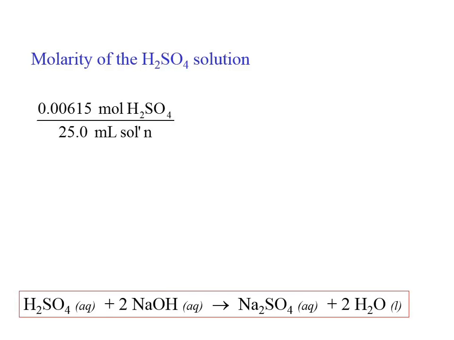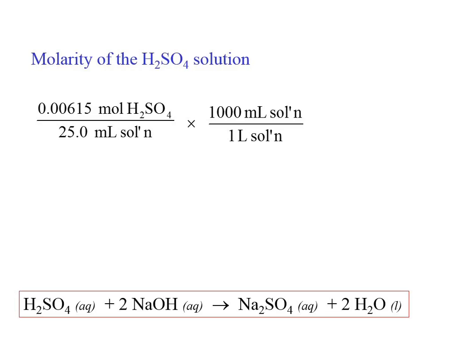So 0.00615 moles of H2SO4 over 25.0 milliliters of solution. Now, molarity is moles per liter, not moles per milliliter, so we need to fix the milliliters. So we need to introduce a term 1,000 milliliters over 1 liter. And then units cancel, we're left with moles of H2SO4 per liter of solution, and that's what we want.